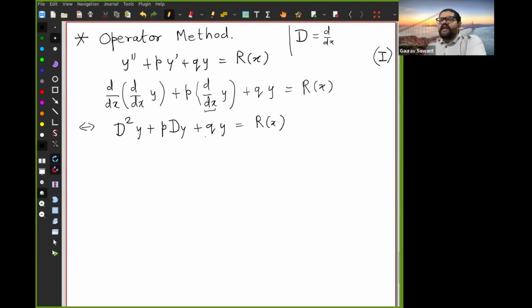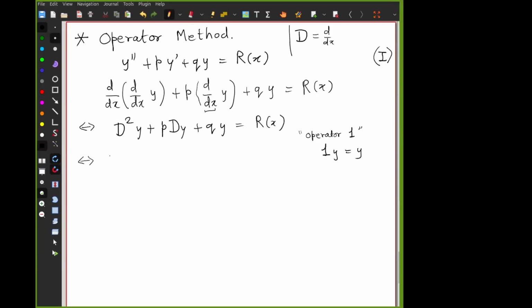Okay, so we can actually combine all the operators together. We can write this as a polynomial of operators. If you see this q times y, there is the usual multiplication, but then we can think of the operator which I'm going to denote by 1, which would act like 1 acting on y giving y, just the straightforward definition.